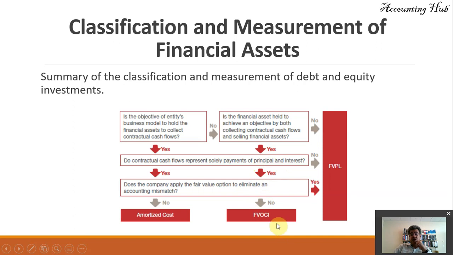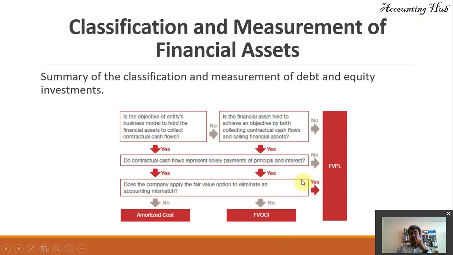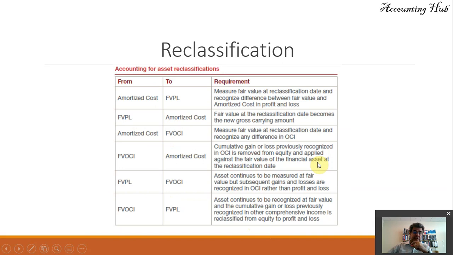So fair value through other comprehensive income. So the old held to maturity, the old available for sale, the old trading. And here's some reclassification from amortized cost to fair value in profit and loss. We measure the fair value at the reclassification date, and the difference between fair value and amortized cost will go to profit and loss.